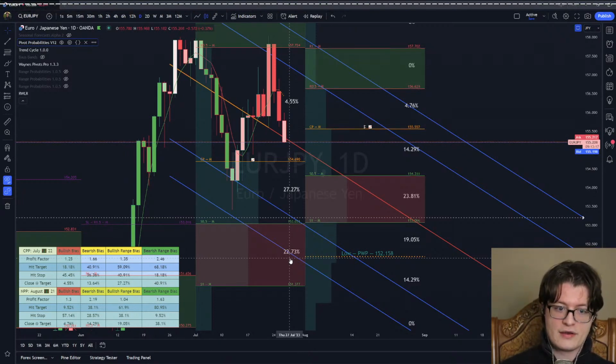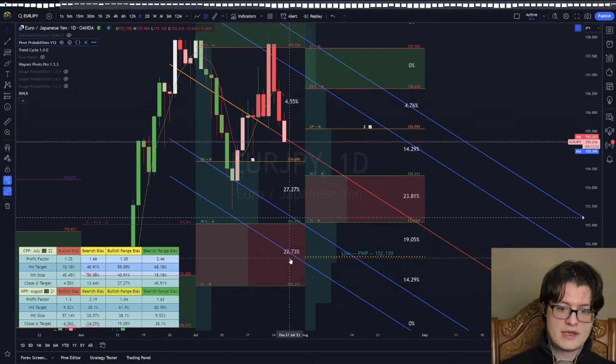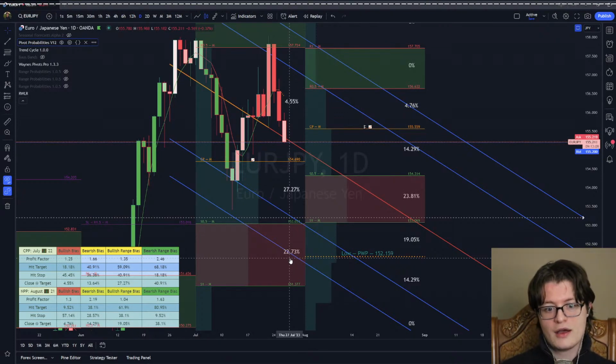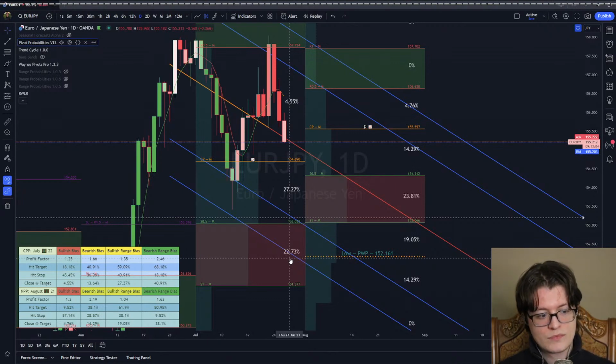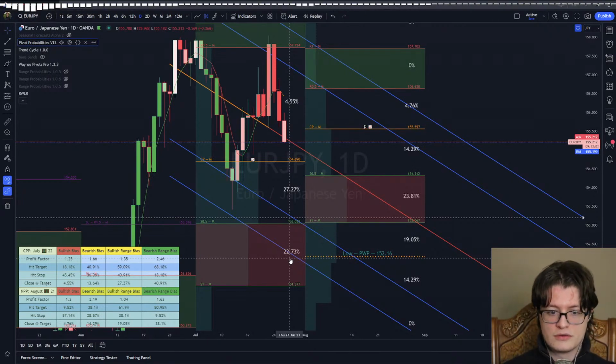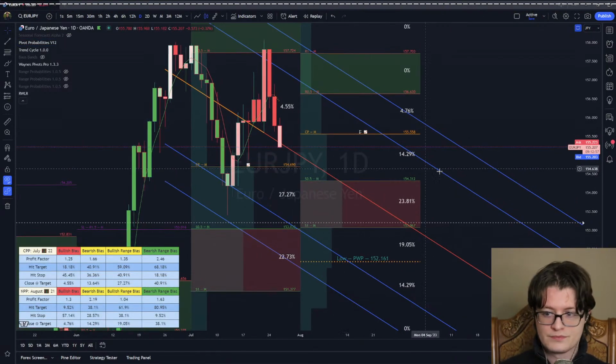And if countries are not going to be hiking anymore, then carry trades based off those relative cash rates are going to be played on more heavily. So long dollar trades could certainly be on the books.